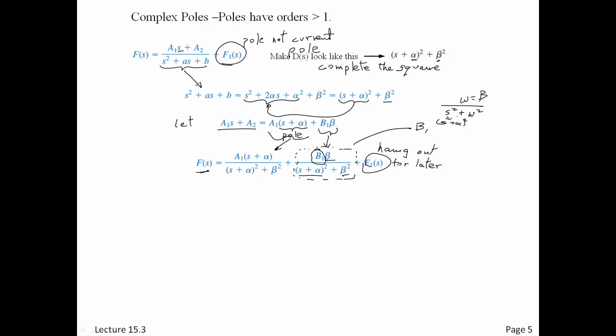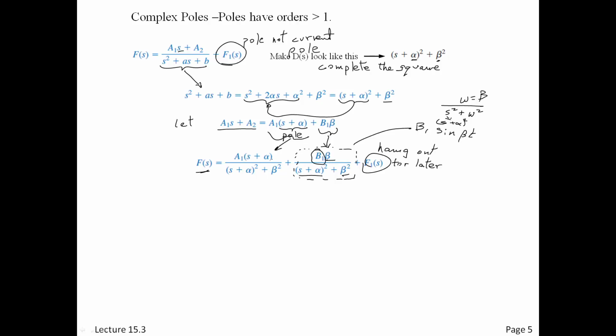So that omega over s squared plus omega squared, right, we recognize as the sine of beta t. Okay? And all we have to do is account for this alpha business, and we know now, also from the tables, that that's going to be a displacement, so we'll have an e to the minus alpha t factor.